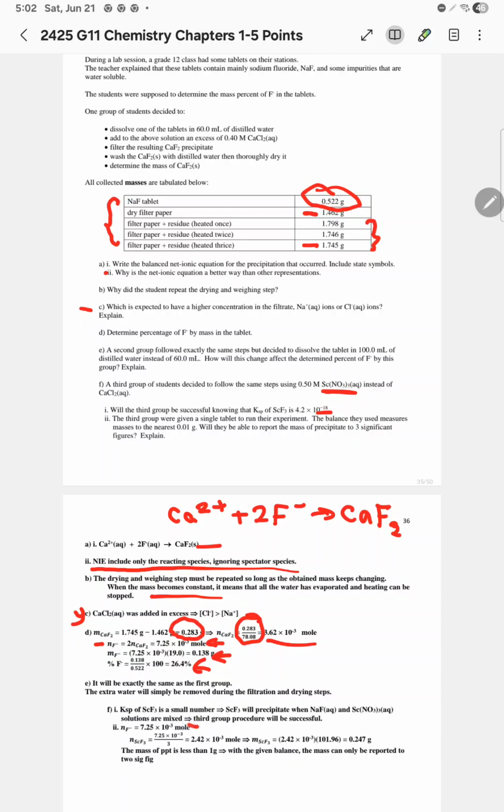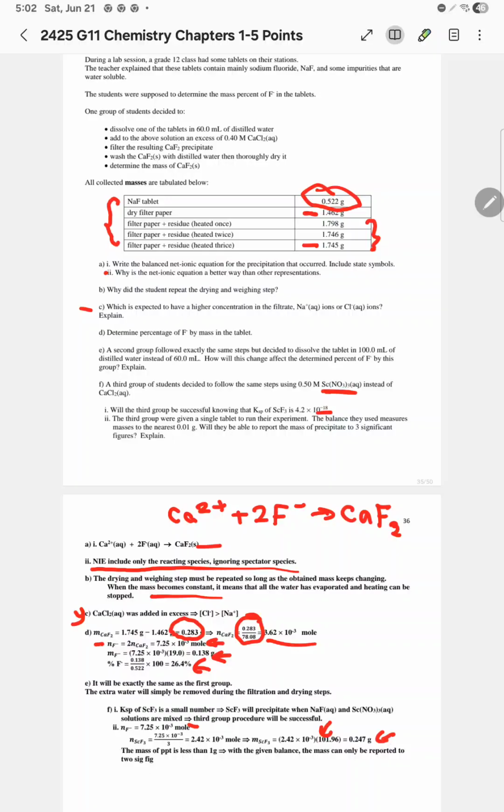We have the moles of F, and to find the moles of ScF3, you divide the number by 3, because of the ScF3 formula. So 2.42 times 10 to the power negative 3 moles. To find the mass, you multiply by the molar mass of ScF3. You get 0.247 grams, and the mass of the precipitate is less than 1 full gram.